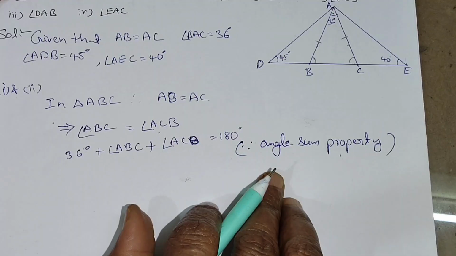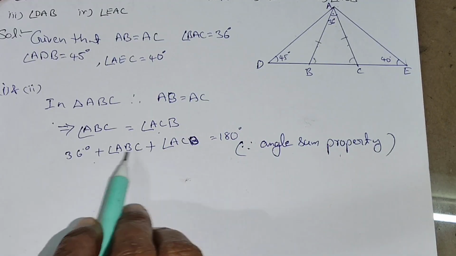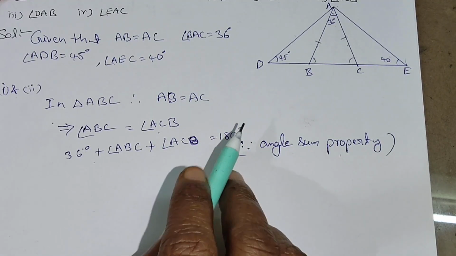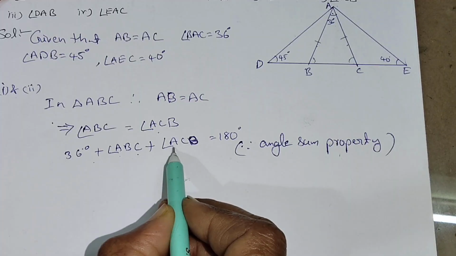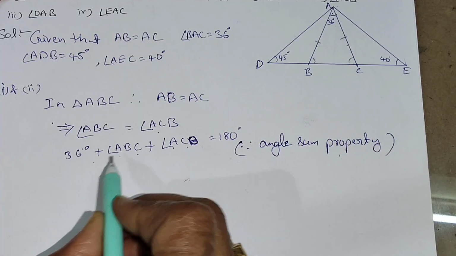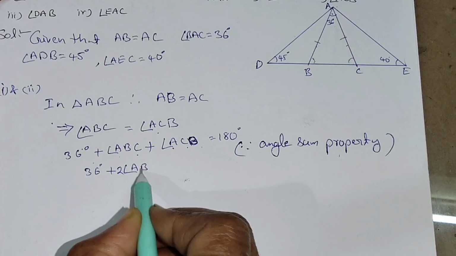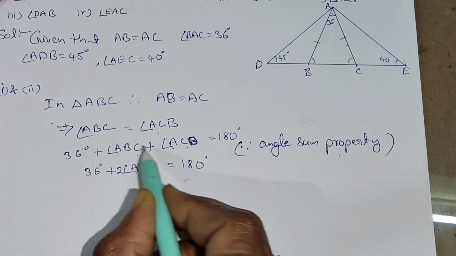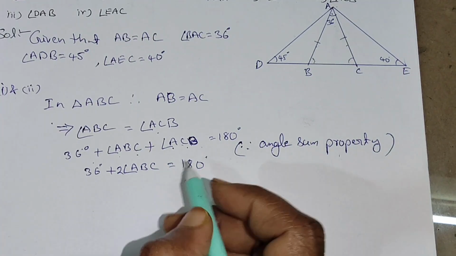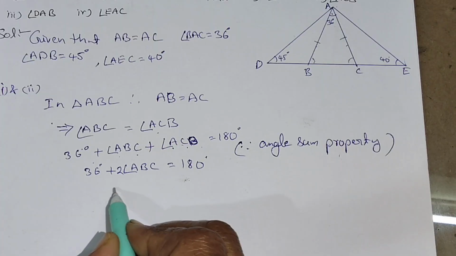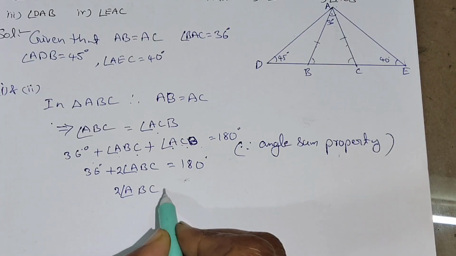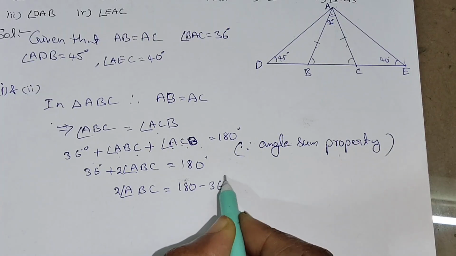So here we use the angle sum property. These three angles equal 180. Angle ABC and ACB are both equal, so we write 36 plus 2 angle ABC equal to 180. So 2 angle ABC equal to 180 minus 36, that is 144.